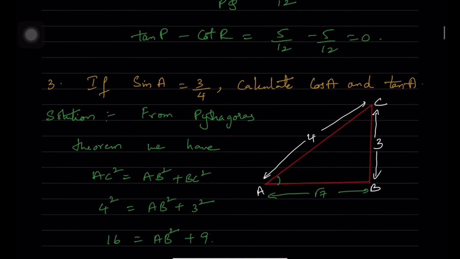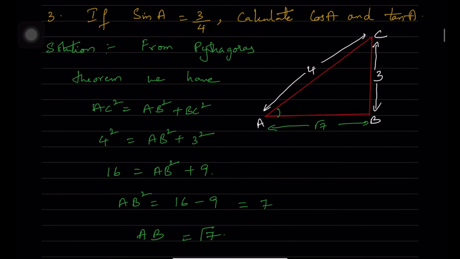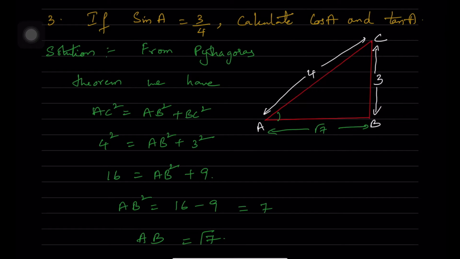Now going into the third problem: if sin A is equal to 3 by 4, calculate cos A and tan A. Here sin A is 3 by 4, which is opposite side by hypotenuse, so the opposite side is 3 and the hypotenuse is 4.